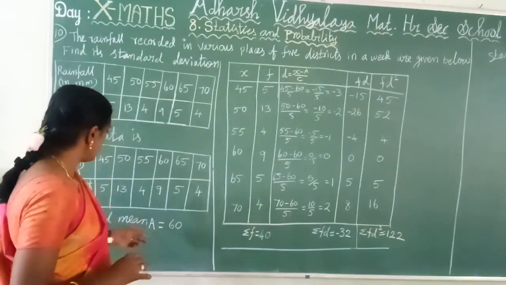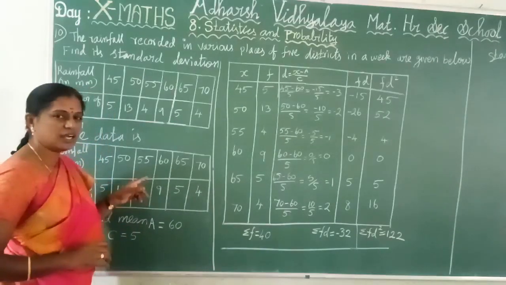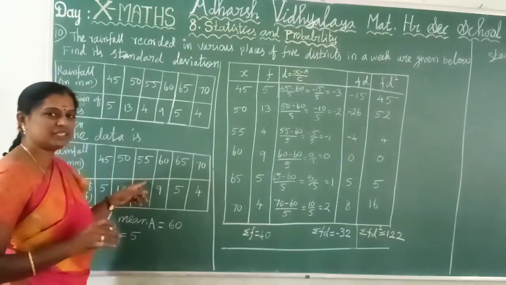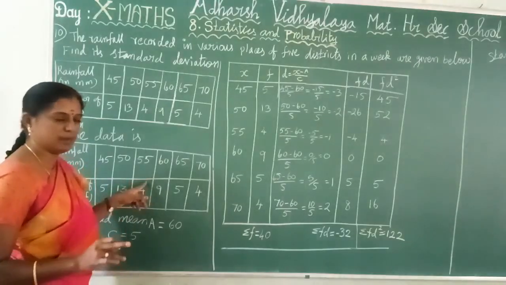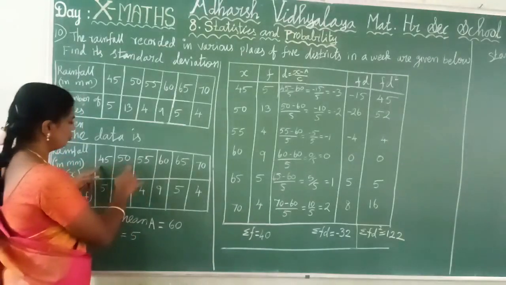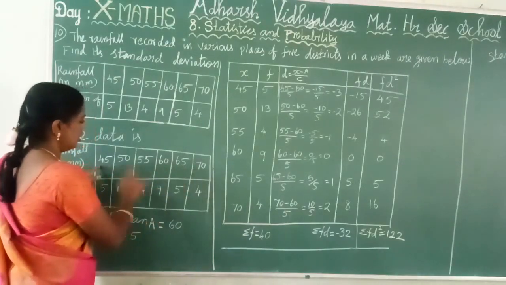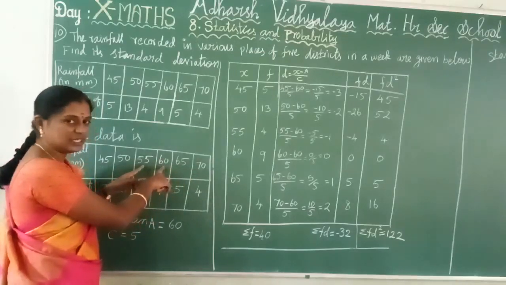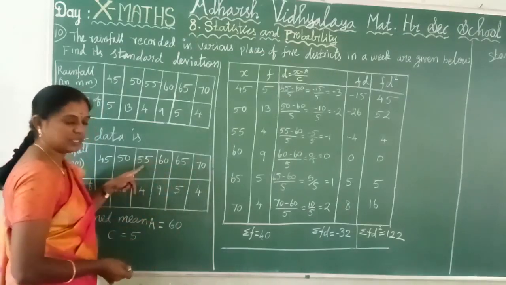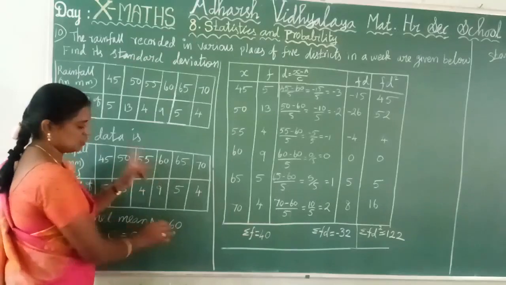For assumed mean, if the count is odd, take the center; if even, there are two center numbers and you select any one. Here 1, 2, 3, 4, 5, 6. Out of 6, 55 and 60 are the two center numbers. So you choose any one. Now I take A is equal to 60.